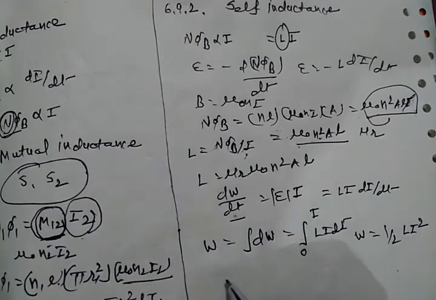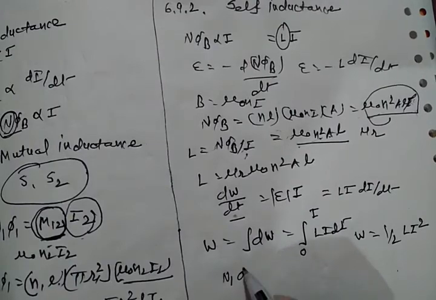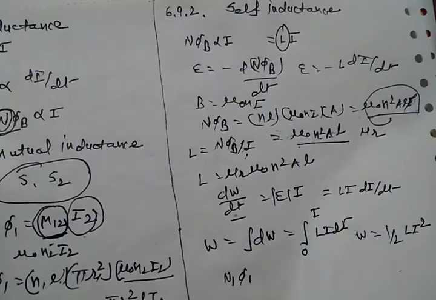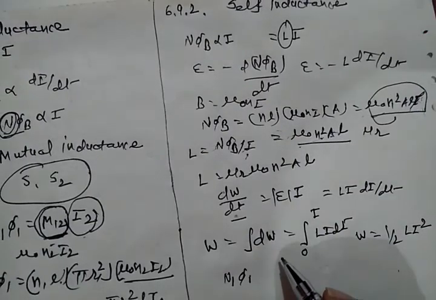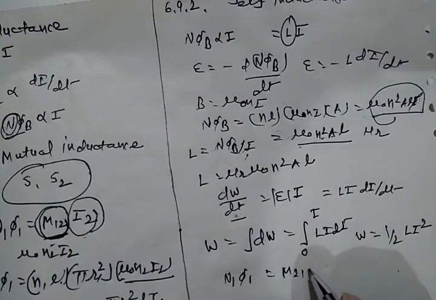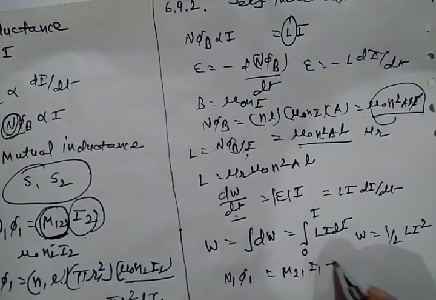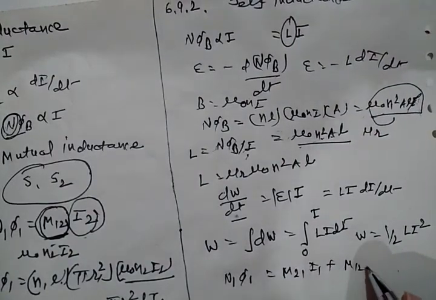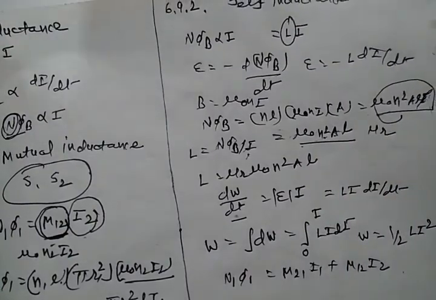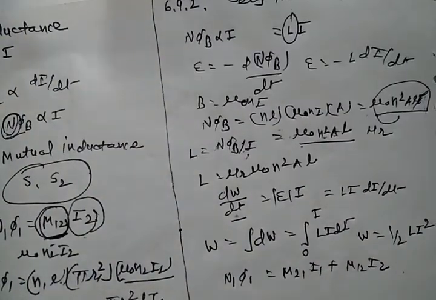Proving the equation for N1 phi 1 from mutual inductance, N1 phi 1 is equal to M11 I1 plus M12 I2, where M11 represents the induction due to the same coil.